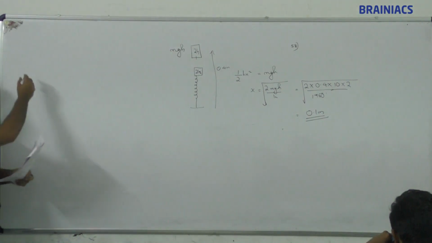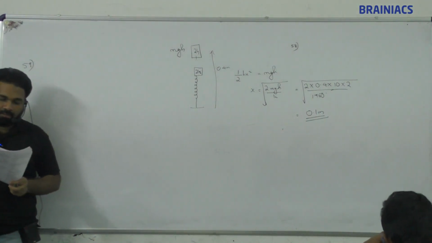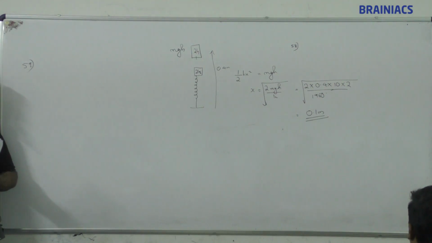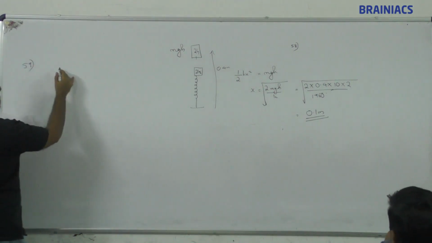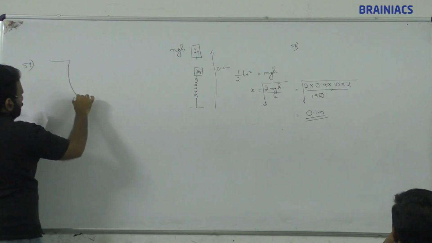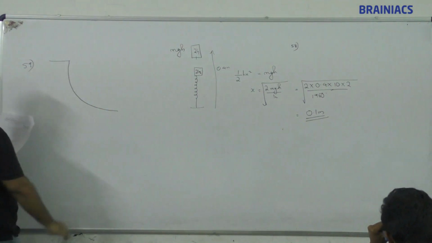Next is question number 59. Figure is given. A block of mass 2 kg is released from A on the track, that is one quadrant of a circle of radius 1 meter. This is how it is.